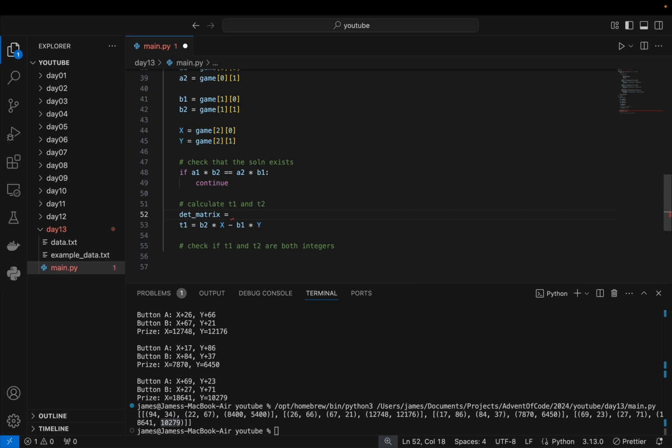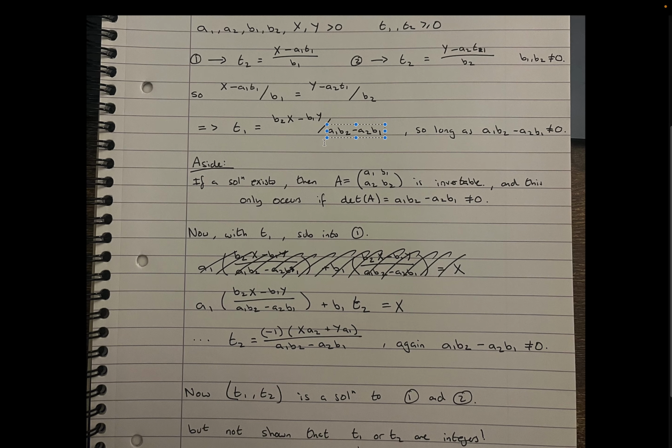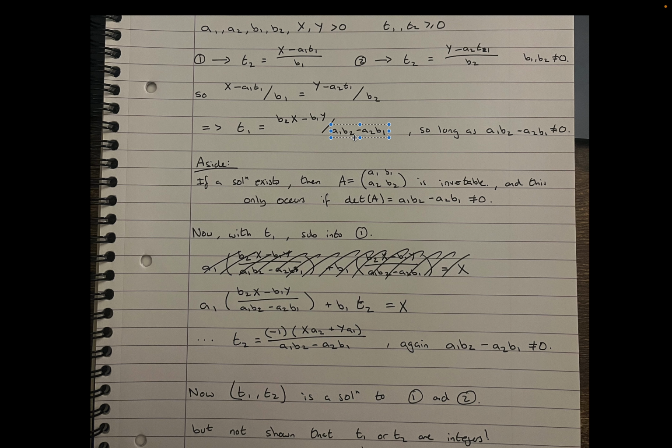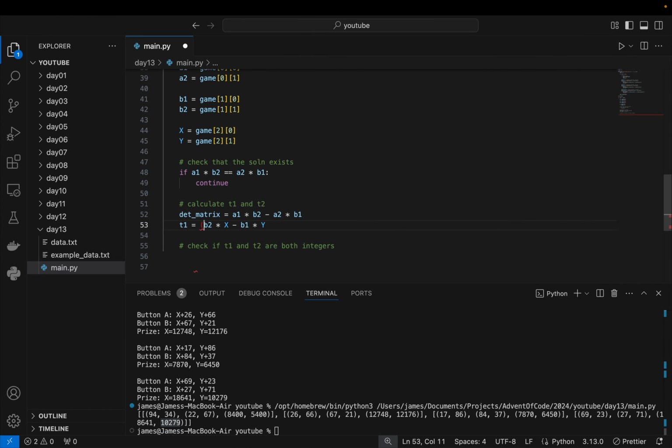And that is going to be A1 times B2, so this thing minus this thing. And we know this is not equal to 0 because we've just checked here. And t1 is that minus that, sorry, divided by that. So that's the numerator, and the denominator is that.